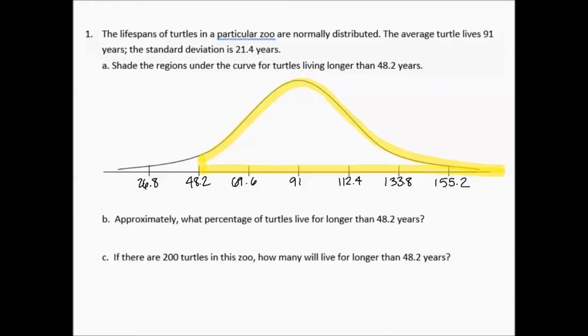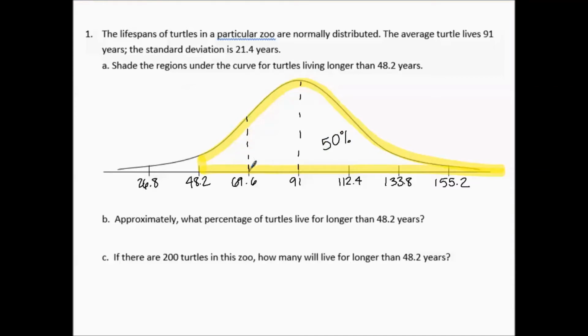In part B, we want to figure out what percentage of turtles this is. So if we use our empirical rule, we can figure that out. So the mean is in the middle. We know that everything to the right of the mean is 50%.